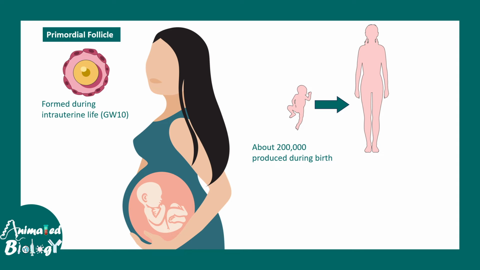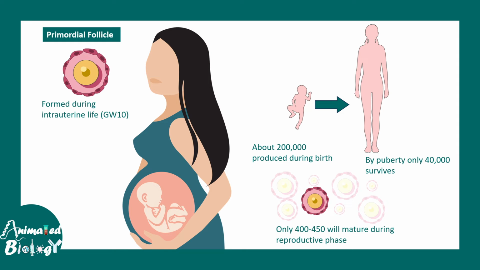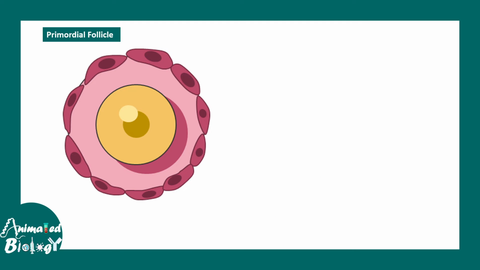About 200,000 are produced by birth, but by puberty only 40,000 survive. Out of these 40,000, 400 to 450 will eventually mature to give rise to a Graafian follicle and lead to ovulation. The primordial follicle eventually becomes a primary follicle.